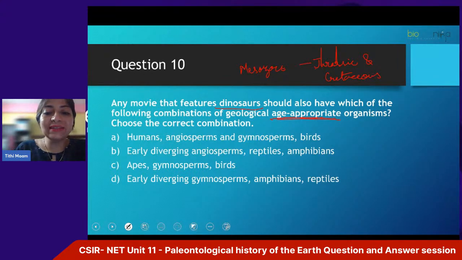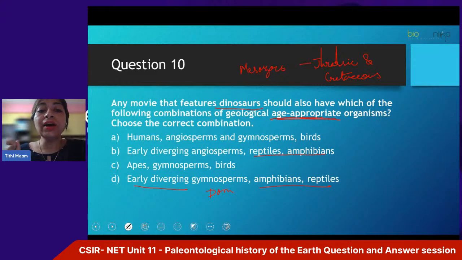Okay, so reptiles and amphibians, they were there, correct. But that means you are not focusing on the plants. Early diverging gymnosperms were not there. Gymnosperms, in fact, were very dominant during the Jurassic period. The early evolution of gymnosperms happened during the Paleozoic era itself.